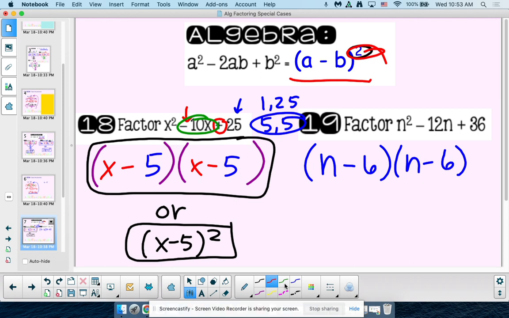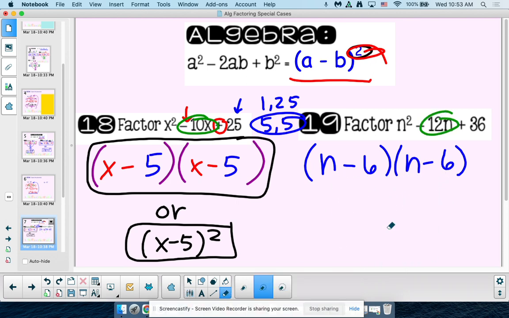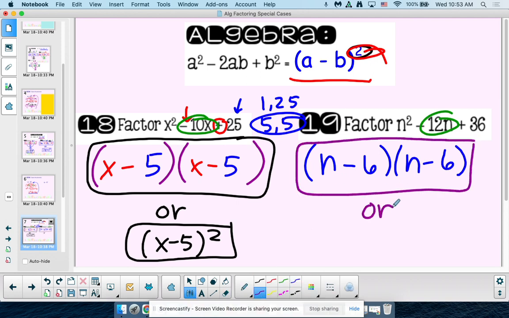Or, again, work it out. Negative 6n, negative 6n, combine those to our negative 12n. So we, of course, put everything in the right place. We have the right signs. So our final answer could be right here. Or n minus 6 squared.